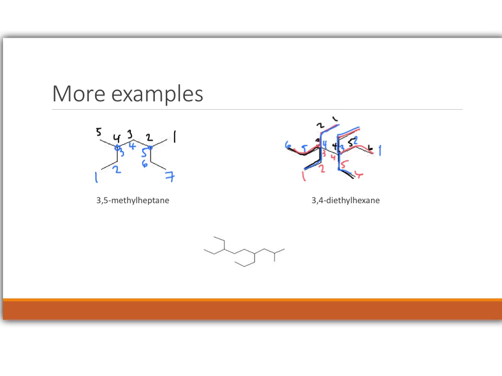So last one down here, I've got 1, 2, 3, 4, 5, 6, 7, 8, 9. Then if I count again, just to make sure, 1, 2, 3, 4, 5, 6, 7, 8, 9.